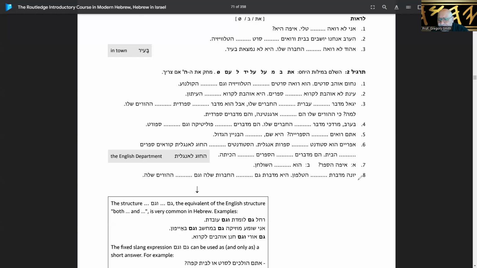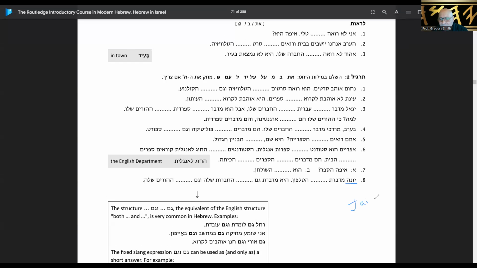Okay, now we've got this is Yonah, I think. So it's kind of like this. Jonah. Yonah, isn't that something? They're making it a female. יונה.